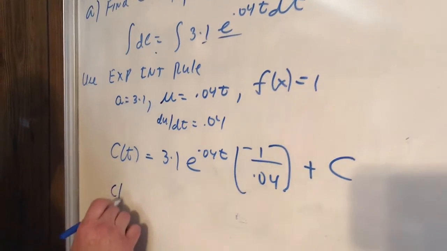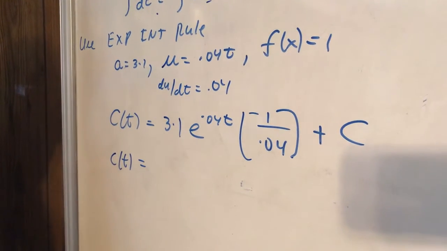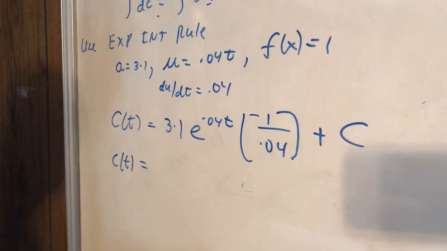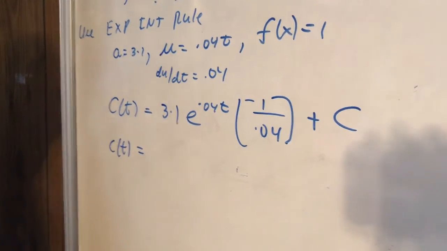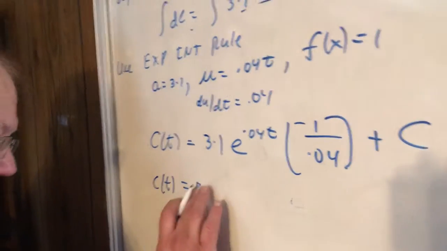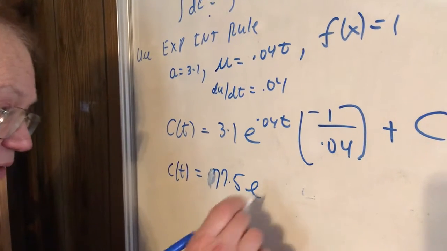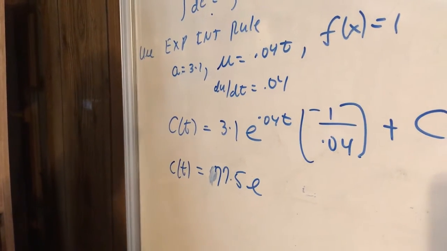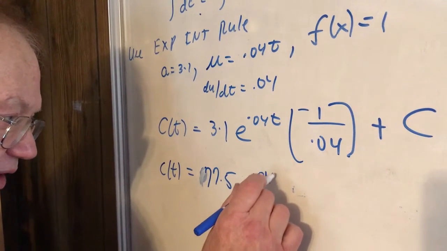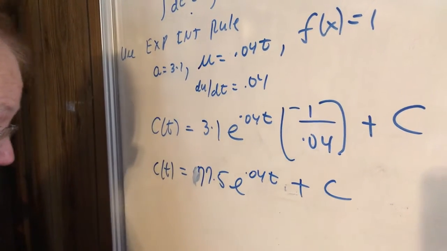So C(t) becomes 3.1 over 0.04, which becomes 77.5. Notice this was on quiz number 7. A lot of people got this wrong. 77.5 e to the 0.04t plus c.